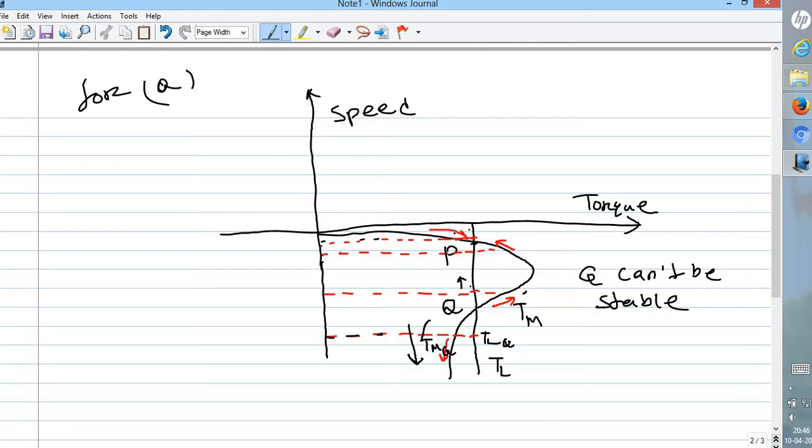The rotor will accelerate and it will try to approach point P. Similarly, consider a speed which is more than the speed at point P, and you can find the motor torque is more than the load torque, so the motor will try to decelerate the rotor and again the operating point will approach point P. That means for any small disturbances around point P, the final equilibrium will be achieved at P. That means P is a stable operating point.